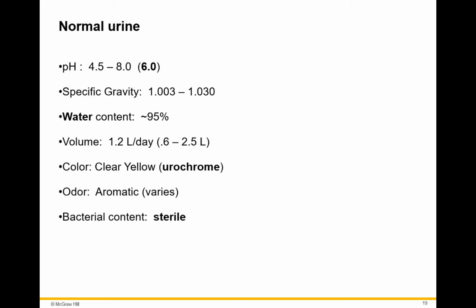If you urinate more frequently, if you're drinking a lot of water, it's going to be a little bit lighter. The odor can vary. That depends on maybe foods that you've ingested. So one thing like asparagus is a food that can cause a very strong odor to your urine, and it should be sterile. So we're lucky today that it's very easy to do all these tests.